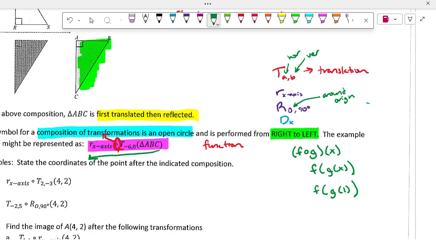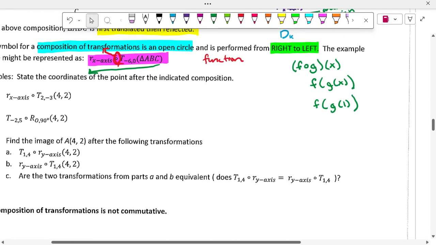Whatever value you get for that, then you plug that value into f. Remember how I said it'll transfer over to functions? That's why. Typically with functions, the one you want on the inside is on the right. So that's the connection of why we read from right to left. They already made this up with functions, so if we're going to do the same thing with transformations, we have to keep it consistent. Does that make sense? Kind of, sort of, maybe?